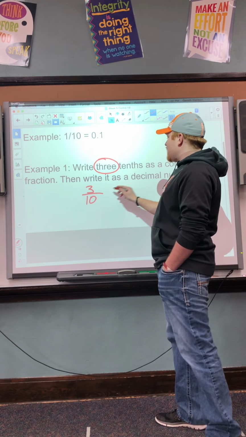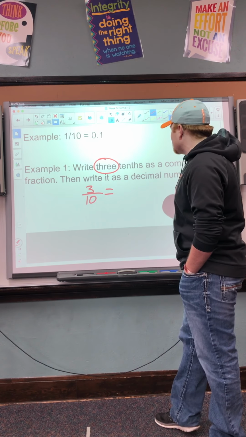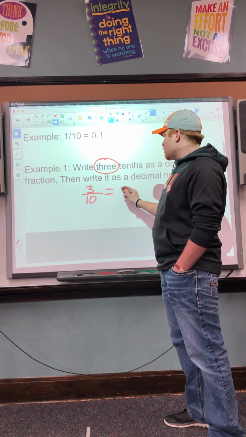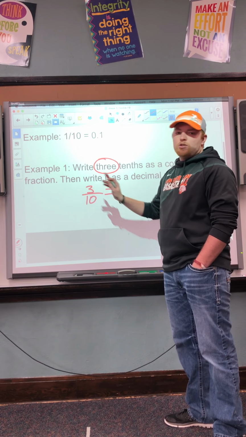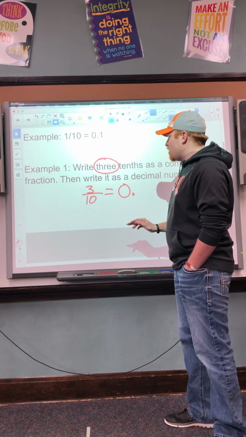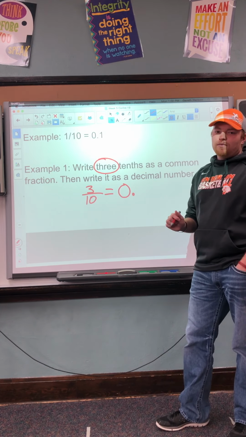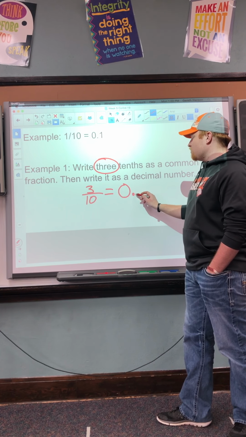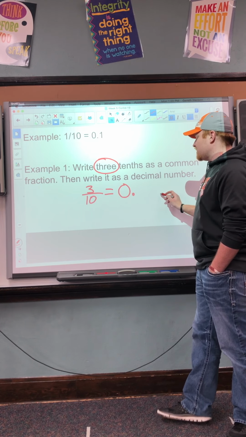And then when you put it as a decimal, remember our place values. Since there's not a whole number, this is just a fraction, we put a 0 and a decimal point. Now we're looking in the tenths spot. Remember, it's ones, decimal point, and then tenths, hundredths, thousandths.